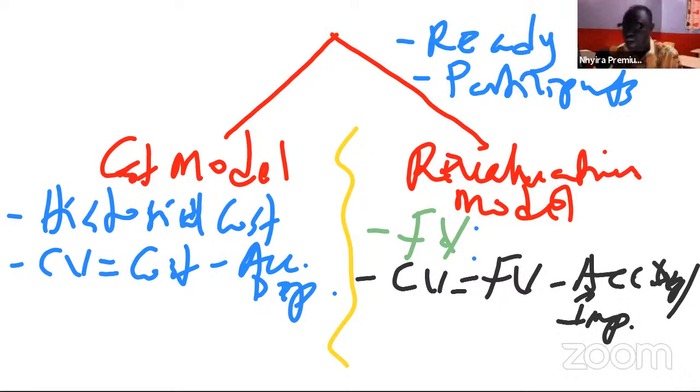So when there is a ready market for the product and there are active market participants, that means we can carry the asset at its what? Fair value. We can carry the asset at its fair value.